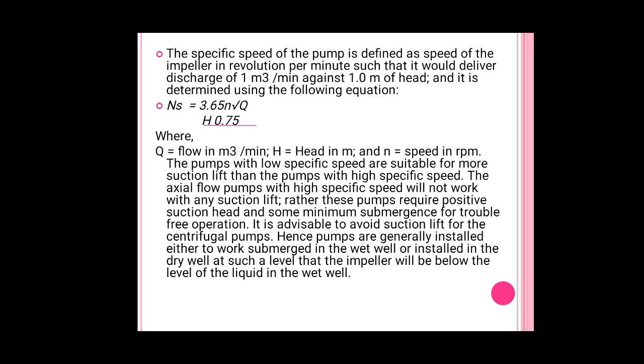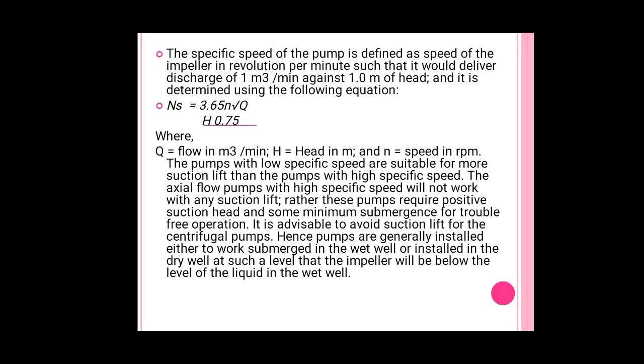Pumps with low specific speed are suitable for more suction lift than pumps with a high specific speed. The axial flow pump with a high specific speed will not work with any suction lift. Rather, this pump requires positive suction head and some minimum submergence for trouble-free operation.